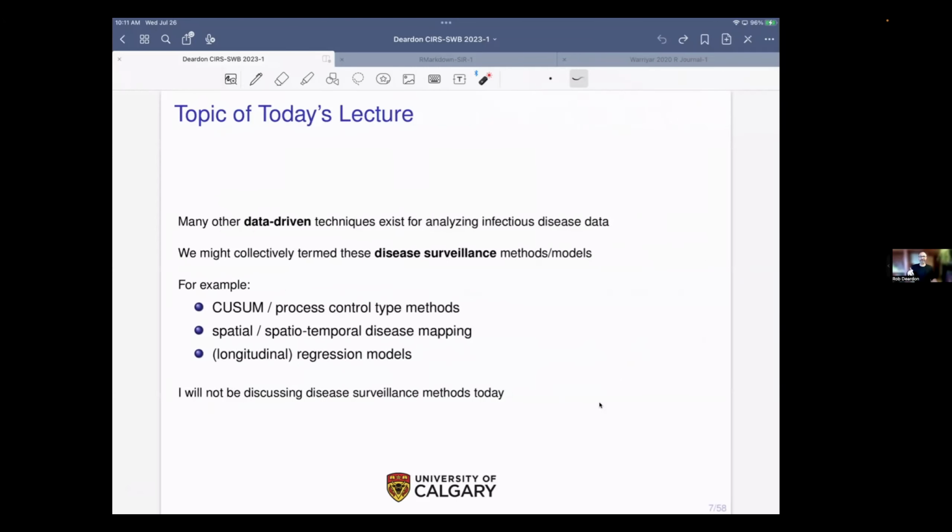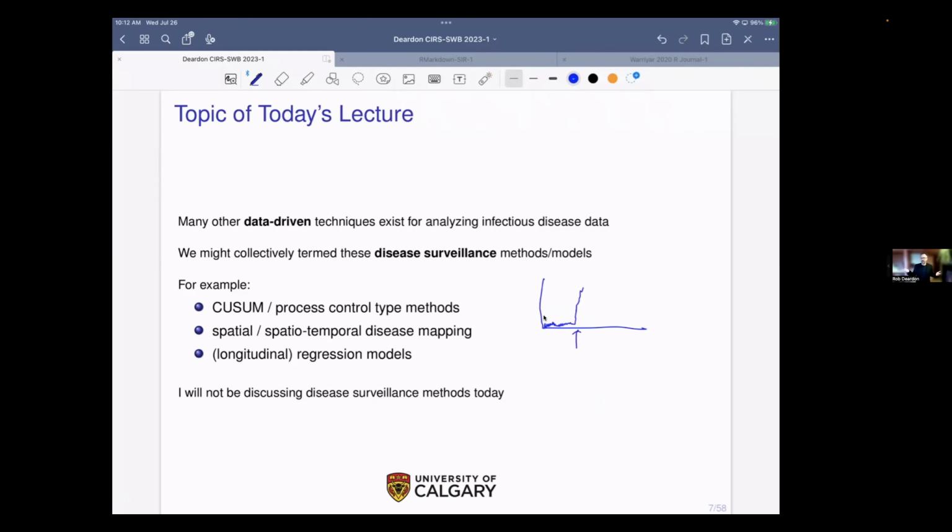Now, before I carry on, just to point out what I'm not going to talk about today, and that's all the other sort of what we call disease surveillance methods for analyzing infectious disease data. And what I mean by that generally is taking, as I say, off-the-shelf statistical methods that may have been designed for other situations and applying them to disease data, right? So that might mean things like control type methods where you're observing the number of cases of a disease that's going on every day, and suddenly it takes off, and you want to identify when that change point is, right?